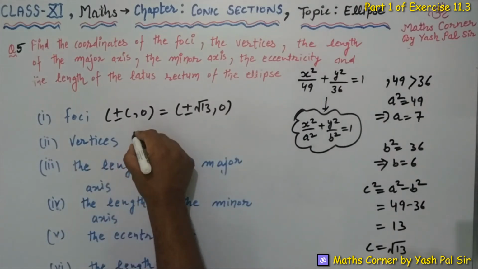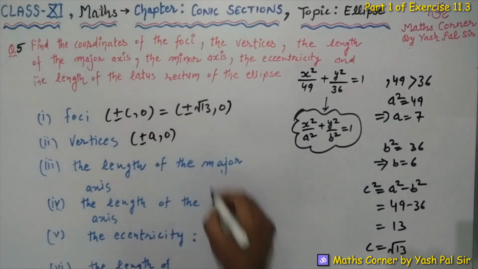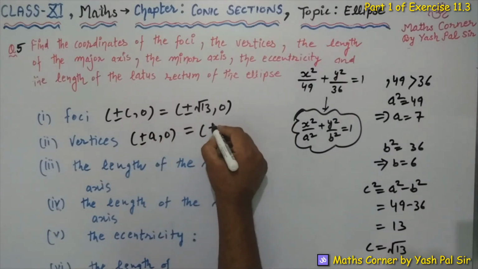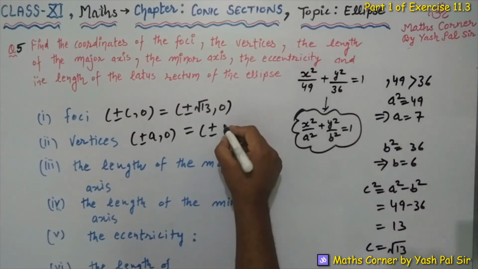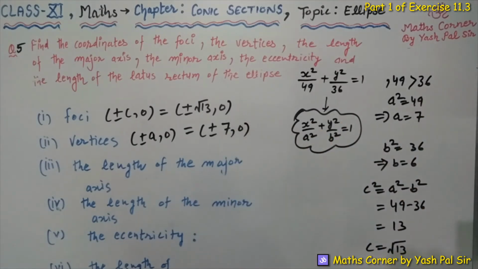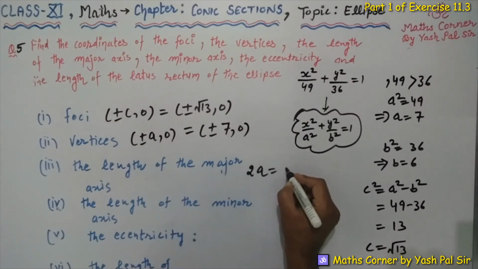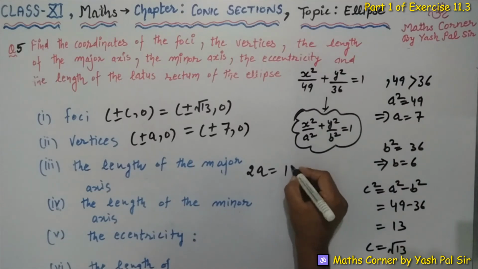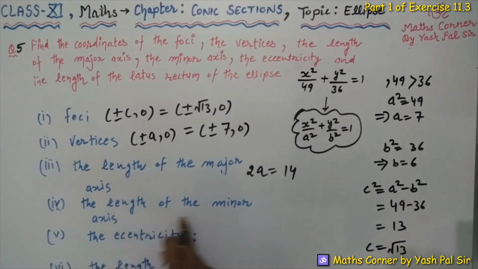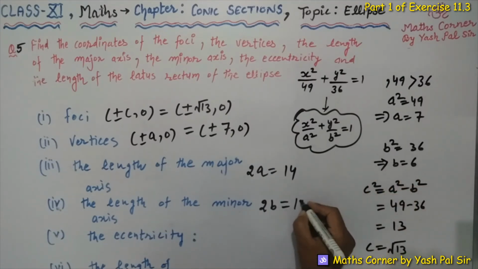What are the vertices? They are plus minus a comma 0, that is plus minus 7 comma 0. The length of the major axis is 2a, 2 into 7, 14. The length of the minor axis is 2b, equal to 2 into 6, 12.